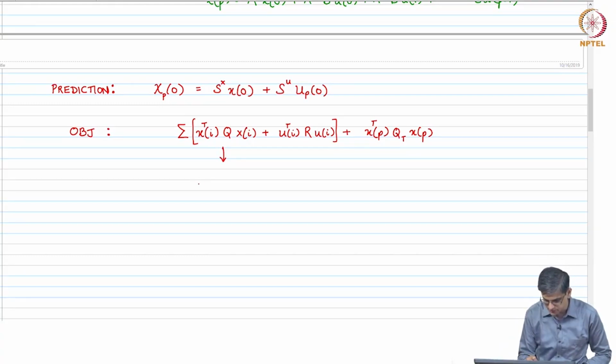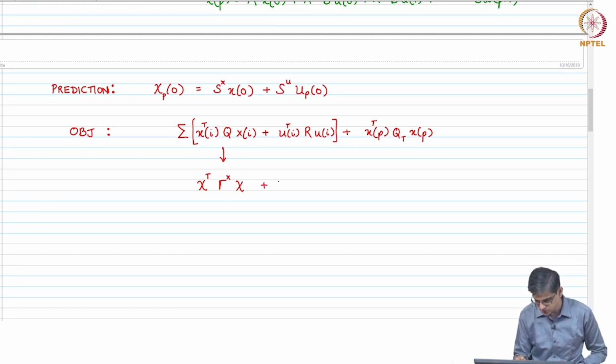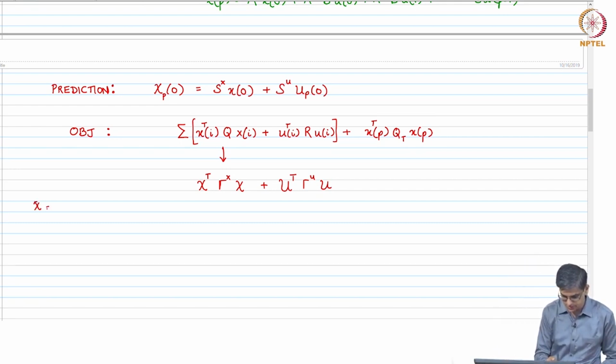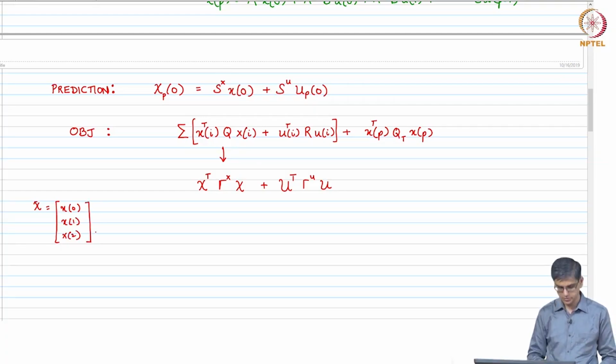This can be written as X transpose gamma x plus u transpose gamma u u. Why? Is because your x was, let us say p was 2, x0, x1, x2, okay.